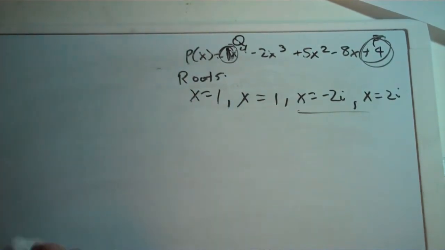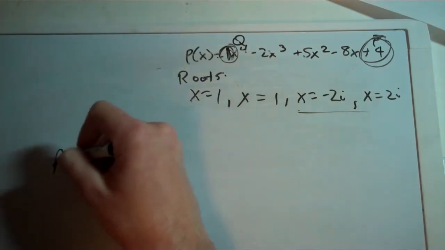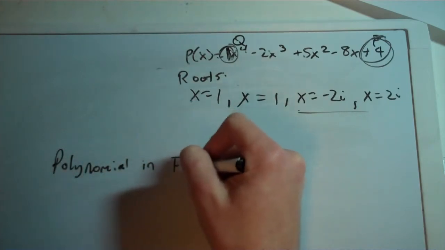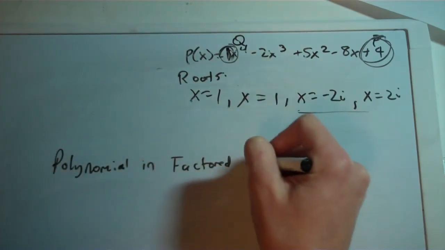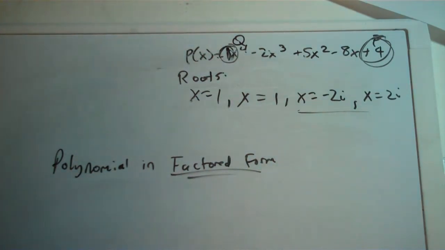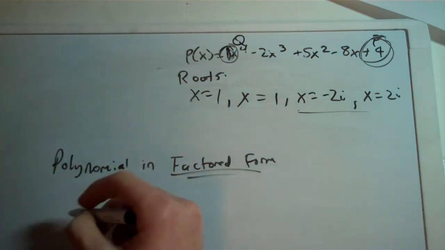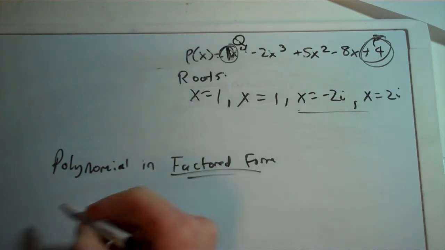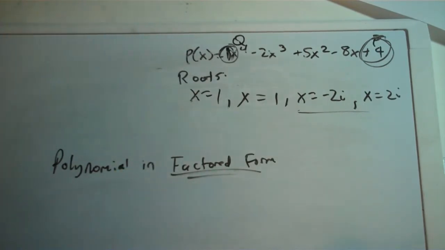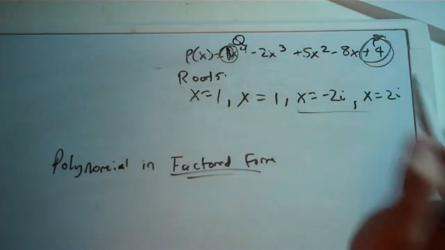And our last thing we're going to be talking about is writing this polynomial in factored form. What is factored form? It's basically taking your roots and, instead of them being roots, we write them as factors and put them together, and that gives us our equation.